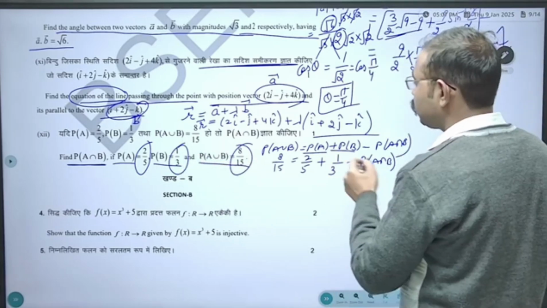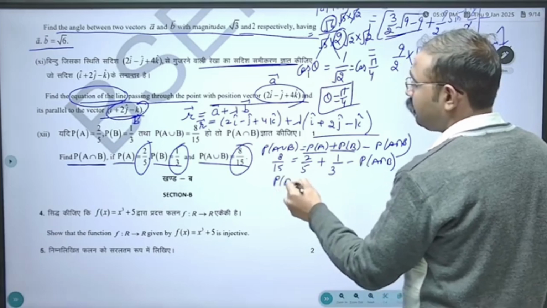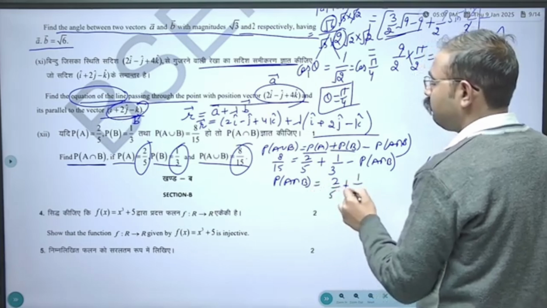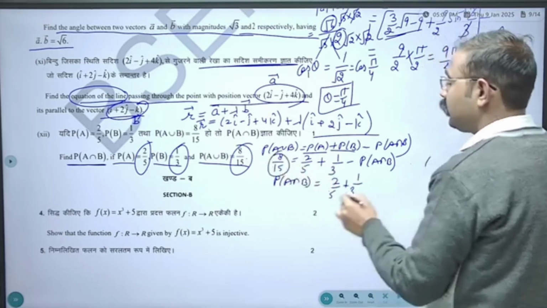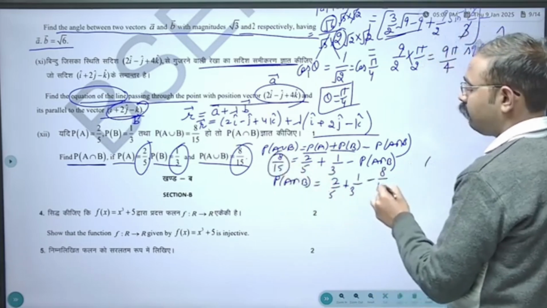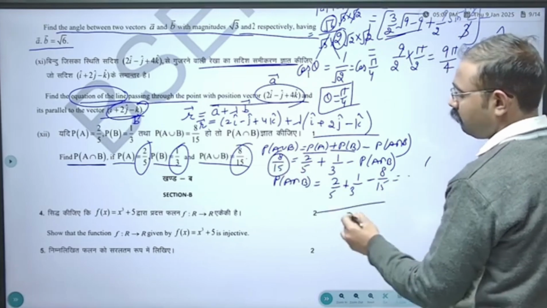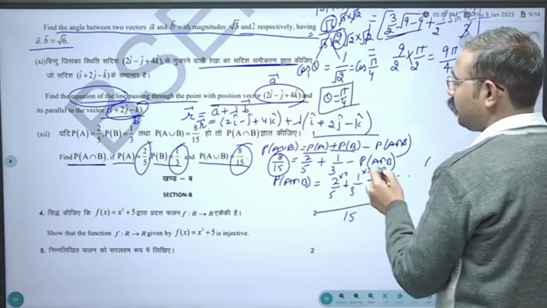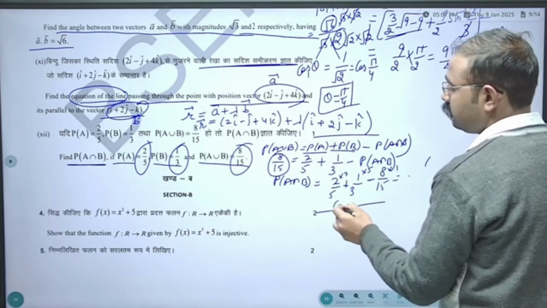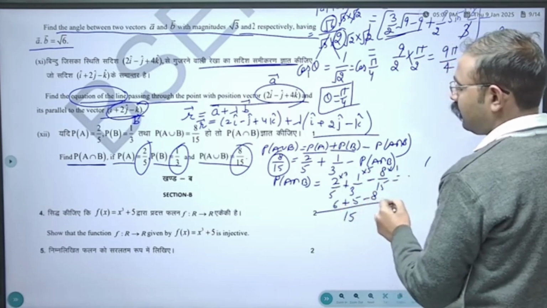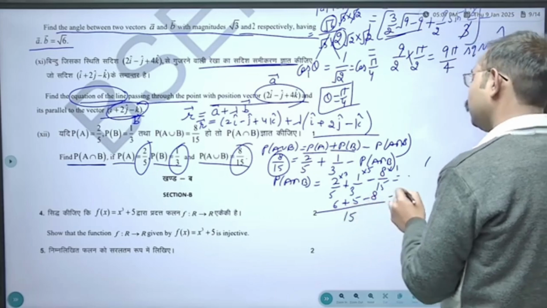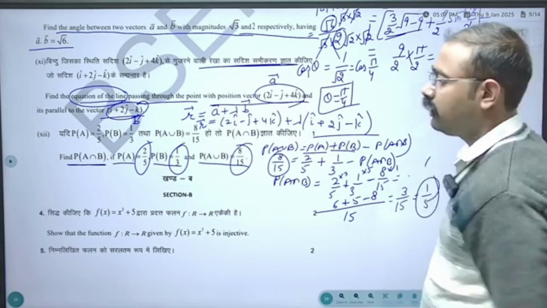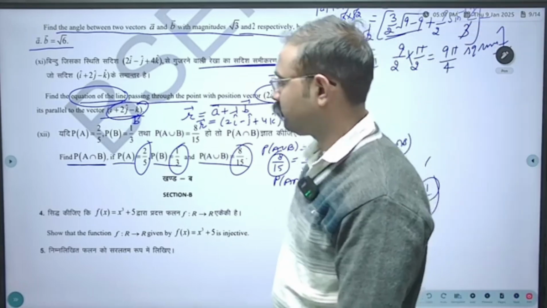Transposing P(A intersection B) to that side, it will have a plus sign. 2 upon 5 plus 1 upon 3 we already have here, and transposing this to this side, 8 upon 15. LCM will be 15. 5 times 3 is 15, this will be multiplied by 3; 3 times 5 is 15, 15 times 1 is 15. 2 times 3 is 6 plus 5 minus 8, and 6 plus 5 is 11 minus 8, 3 upon 15. By simplifying, 1 upon 5 is our correct answer.